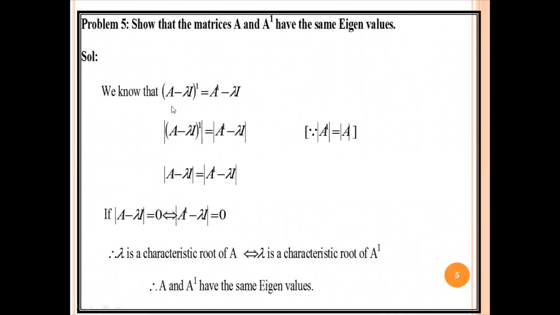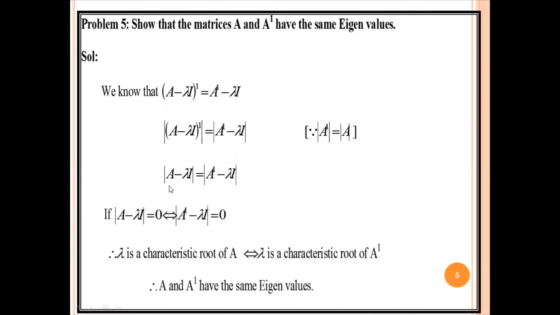After that, we consider the determinant on both sides. Determinant of (A minus lambda I) whole dash is equal to determinant of A dash minus lambda I. But determinant of A dash is nothing but determinant of A. So this is the determinant of A minus lambda I, whereas this is the determinant of A dash minus lambda I, and we equate each to 0.